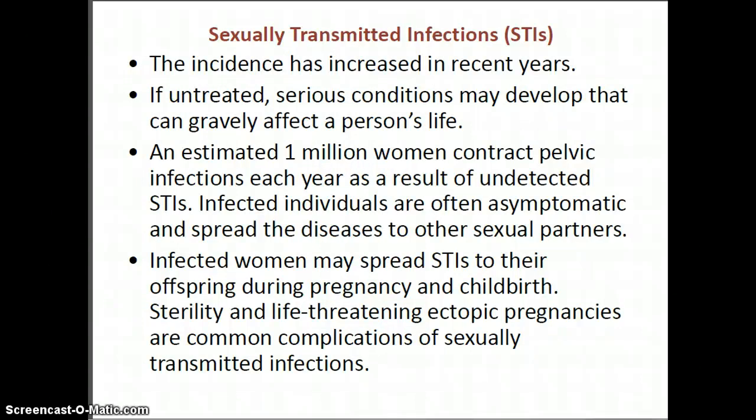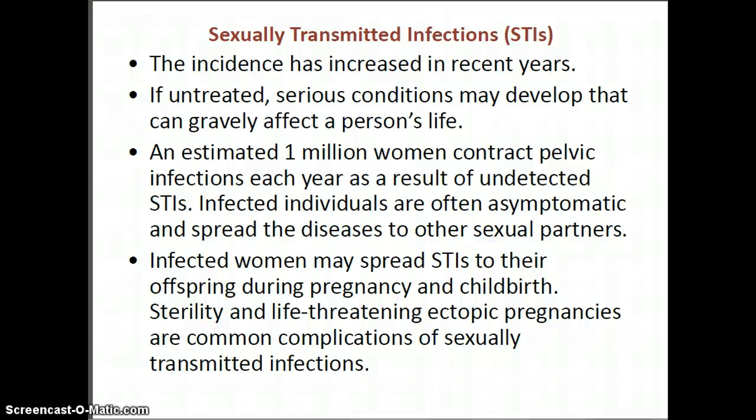STDs. The incidence has increased in recent years, and serious conditions could result that could gravely affect a person's life or even lead to death. An estimated 1 million women contract pelvic infections each year as a result of undetected STDs.